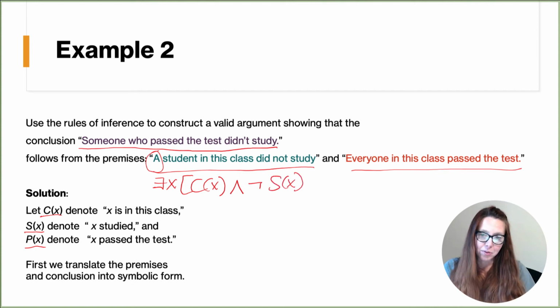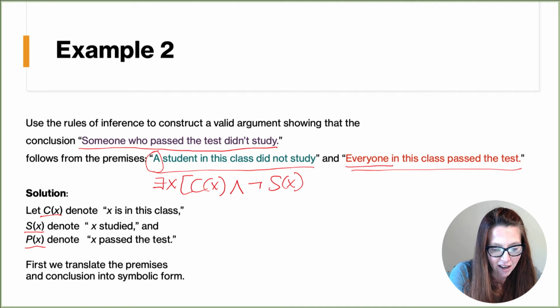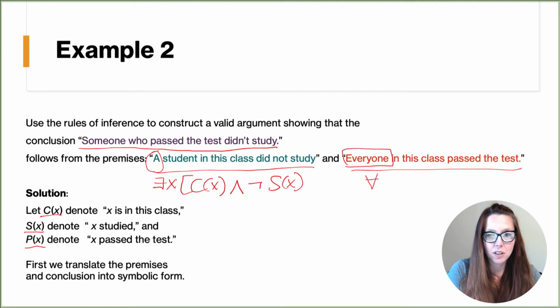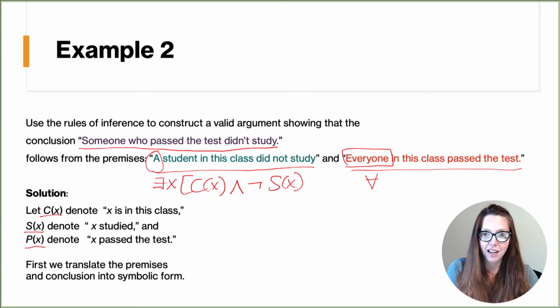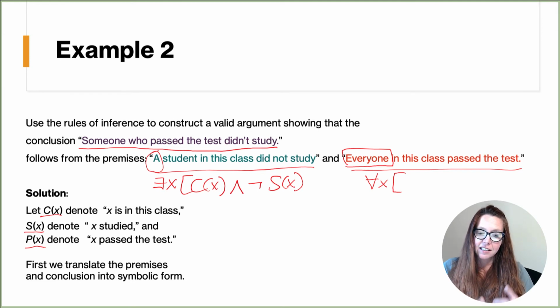The second premise is everyone in this class passed the test. And so anytime you see everyone or all, that's a clue that we're going to use the for all. Okay, so for all x, if they're in the class, they pass the test.